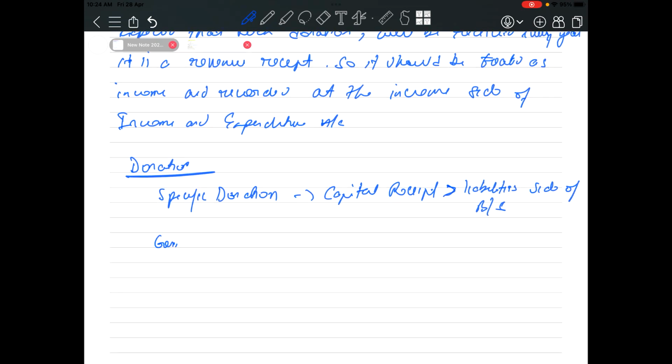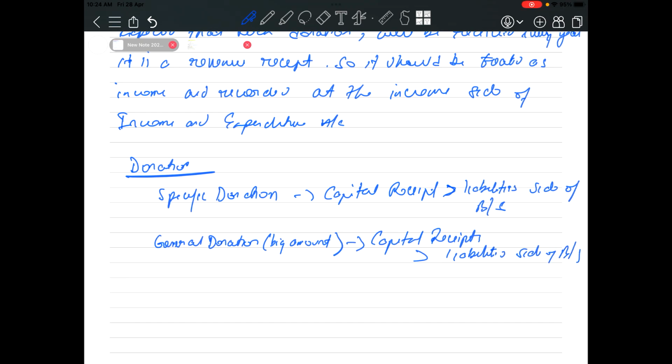General donation of big amount, again it is a capital receipt. Again it will go to the liability side of the balance sheet.